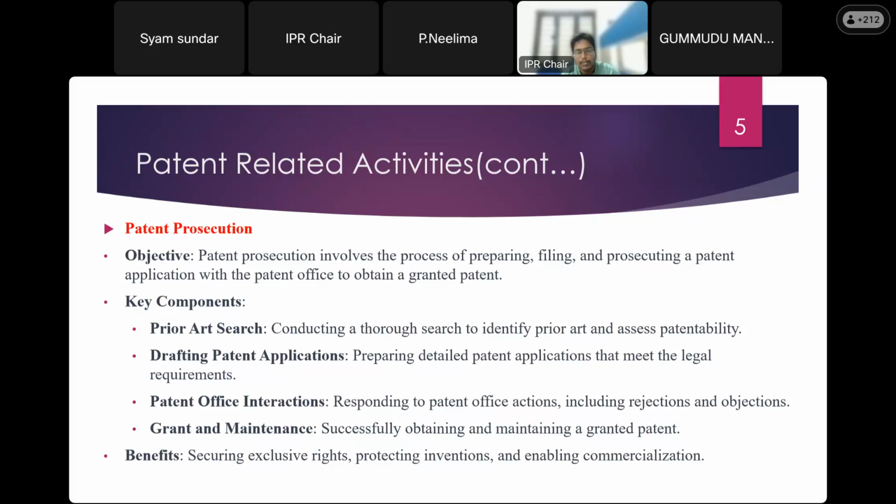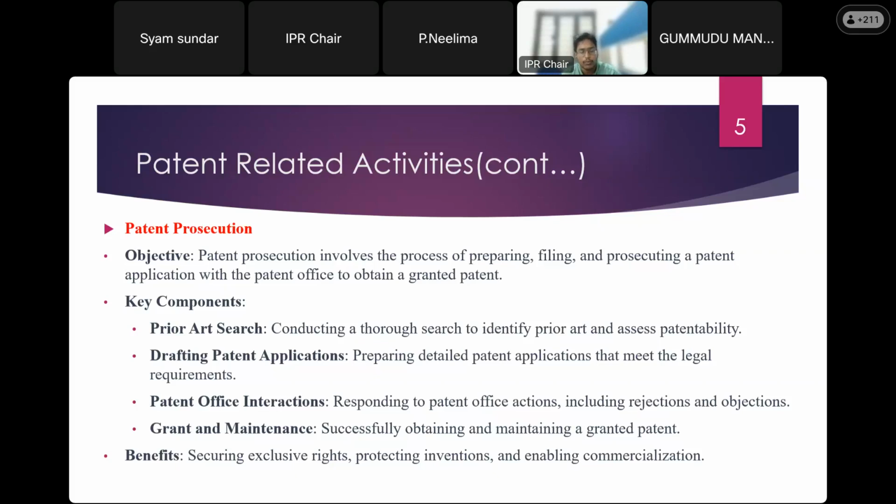You can do a basic Google search and say that it is novel, and all that information you can enter in the invention disclosure form, and we will take up the process of filing with the patent office. We give it to a third party, some law firm, where they will take care of filing your patent application in the patent office. That kind of facility we are actually providing. I'm just giving the information. So whatever happens in the patent office is called patent prosecution.